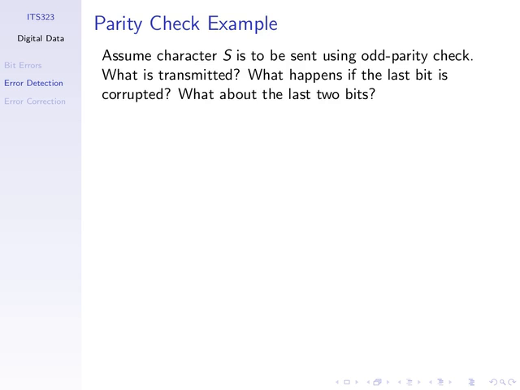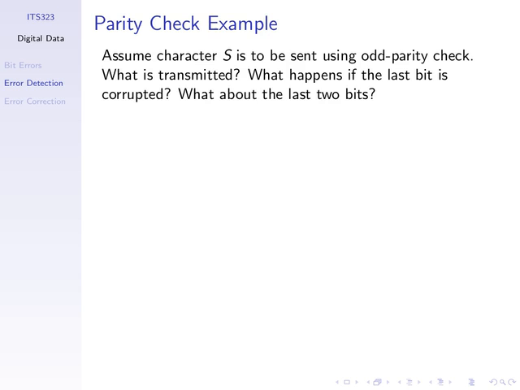The chance that in this sequence of 8 bits, 2 bits are in error is very, very small. So the chance of getting 2-bit errors is much lower than the chance of getting single-bit errors. And similarly, the chance of getting 3 bits out of these 8 in error is very, very small. So the chance of more bit errors in our frame decreases as the number of bit errors increases.